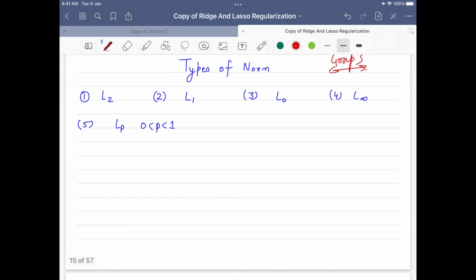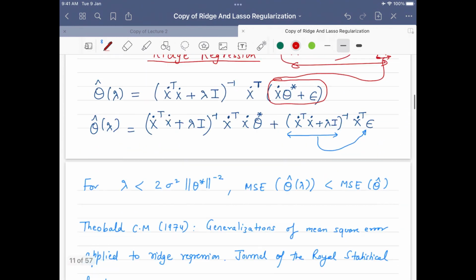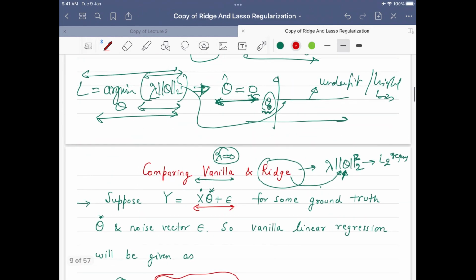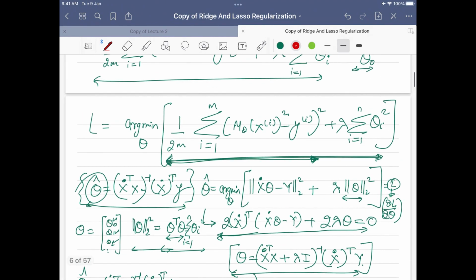Okay, so now what we are doing is we are trying to study various types of norms. If you recall, in our earlier case, we had taken this particular thing, right? Let me show you that. Yeah. If you recall, I have taken this: theta, 2, 2.